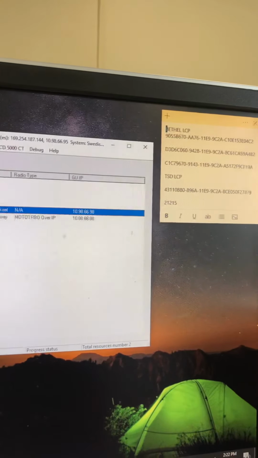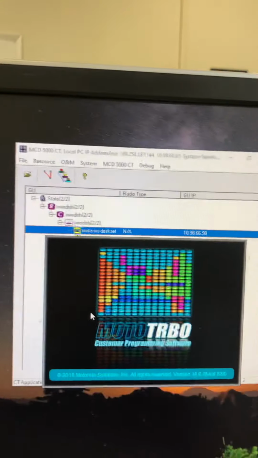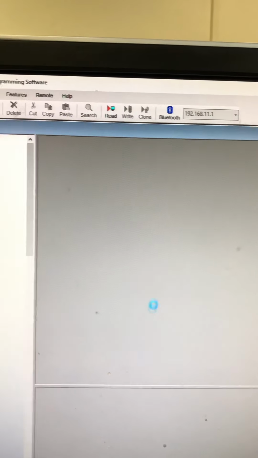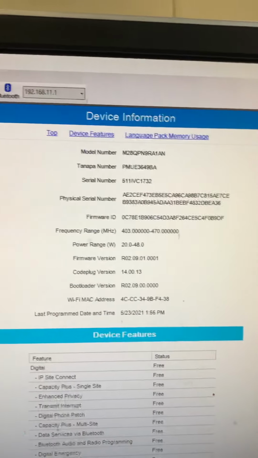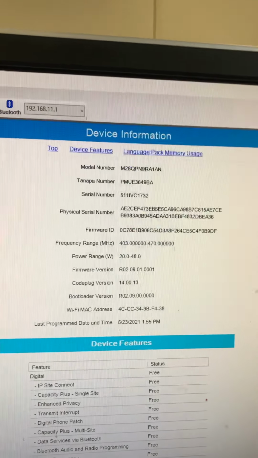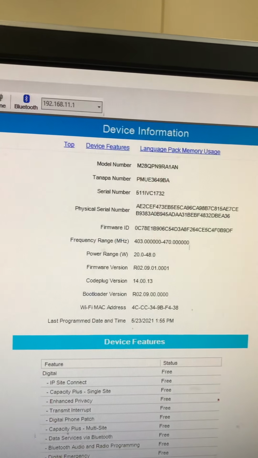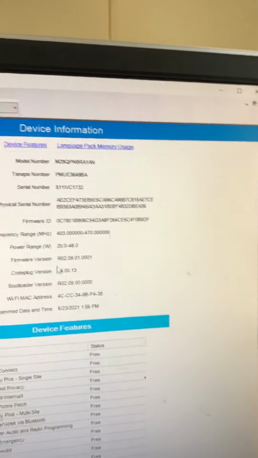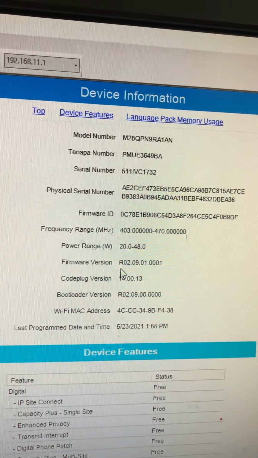And then as far as the code plug is concerned for the radio that's on here right now, let me walk you through this. I'm doing it with the old CPS because that was what was in the manual. You can see this is the last firmware before 2.10.